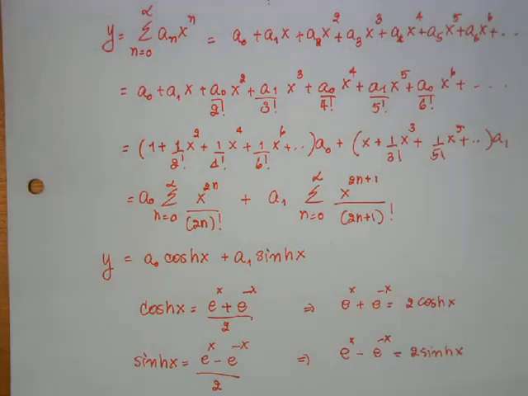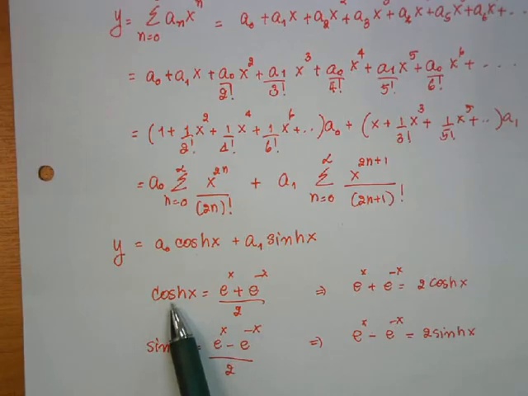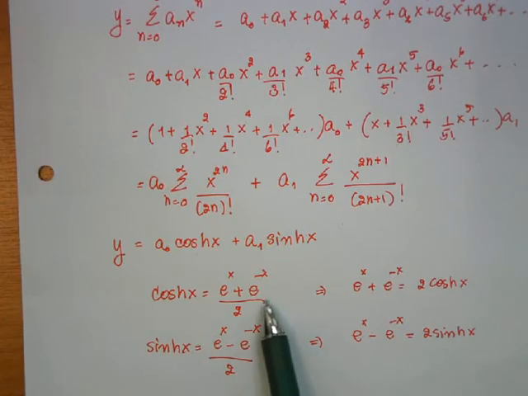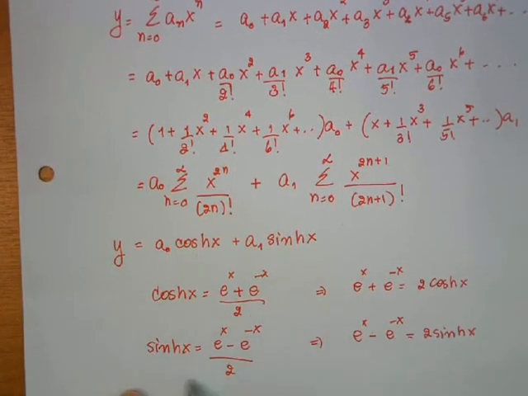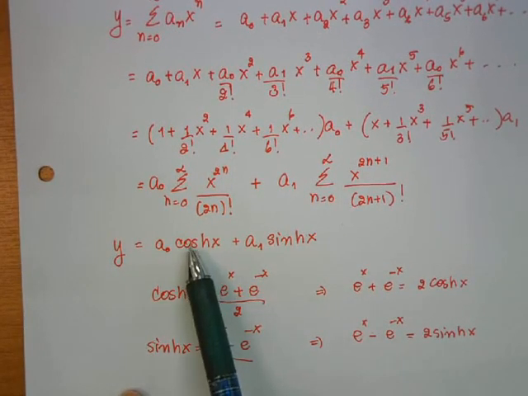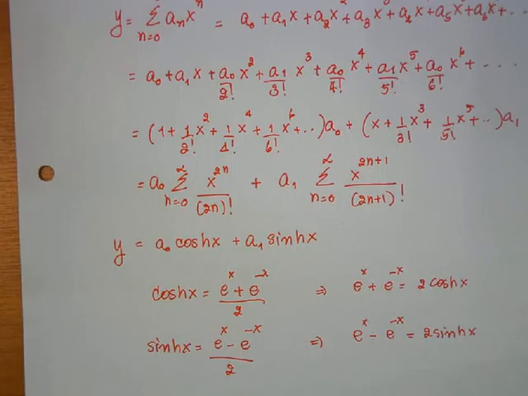I tell you that cosh x is equal to exponential x plus exponential of minus x divided by 2, and sinh x is equal to exponential of x minus exponential of minus x divided by 2. From that, if you rearrange this, you would get y as a function of exponentials.